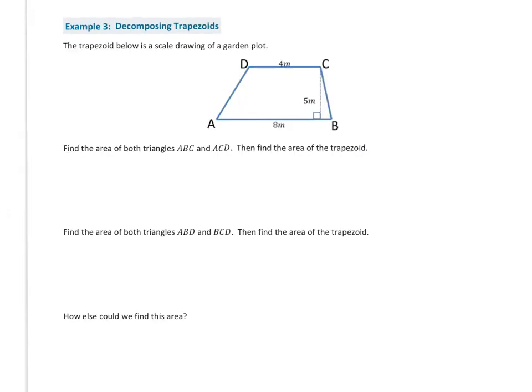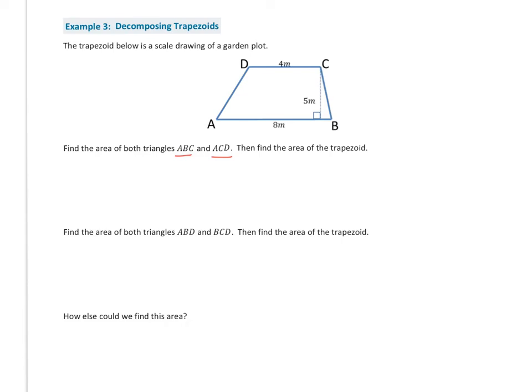So let's try something a little cooler. Let's work on some trapezoids. So we're going to pretend that the trapezoid is a drawing of a garden plot. So we have the top base, the bottom base, and the altitude. So we need to divide it into some triangles, ABC and ACD.